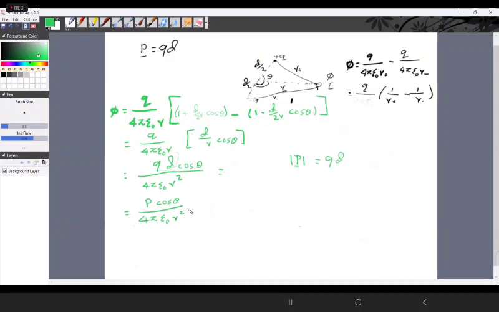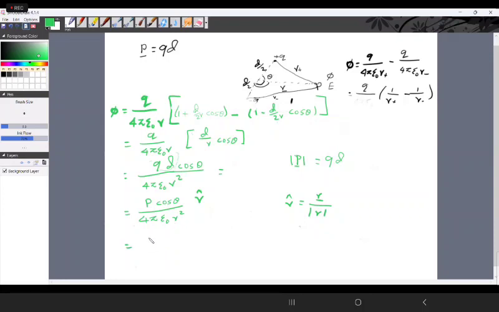What I'm going to do is multiply by the unit vector r, because the modulus of the unit vector is equal to 1. We know that the unit vector r is equal to the vector r over the modulus of r, which is r.